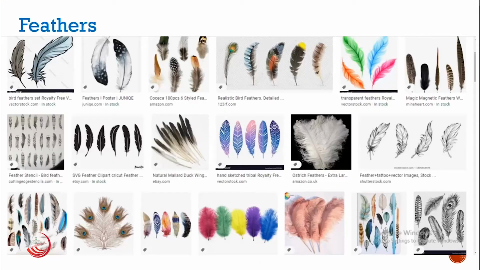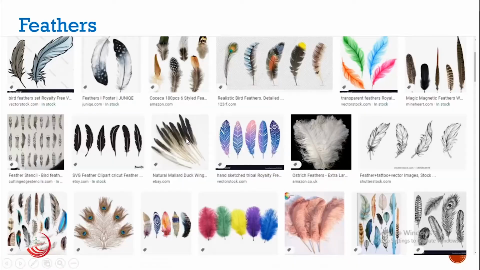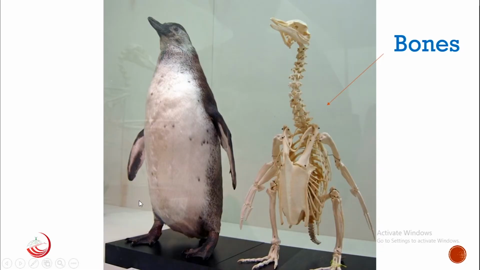So it has waterproof feathers for living in the water. Feathers, these are feathers. Different colors. Heavy bones to help them dive. Bones. All bodies are made of bones. So that's a penguin. These are the bones inside.